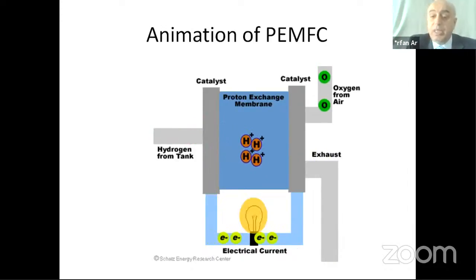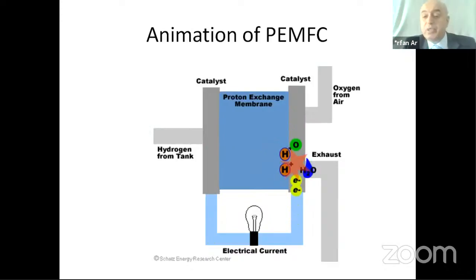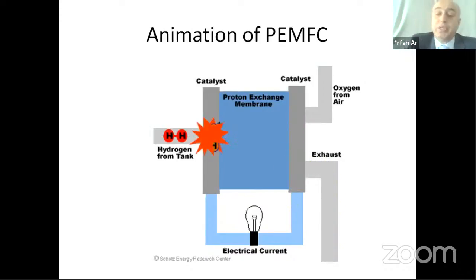At the cathode, the electrons come from the external circuit, and the protons from the membrane and the oxygen fed to the cathode are combined to give water.